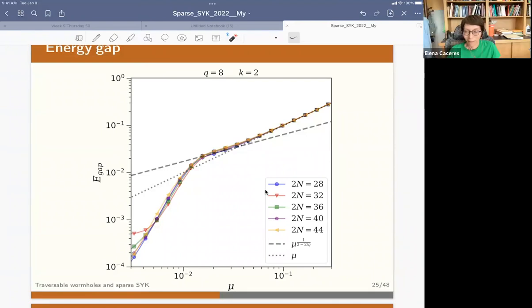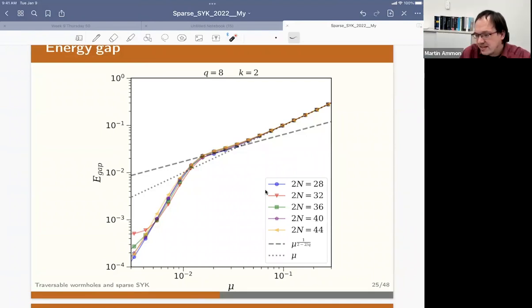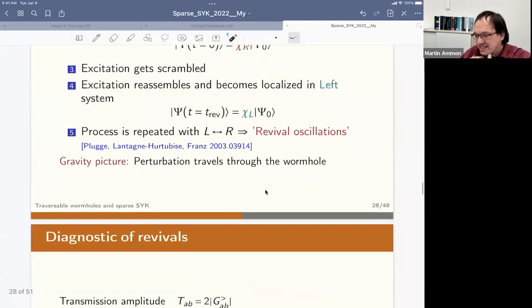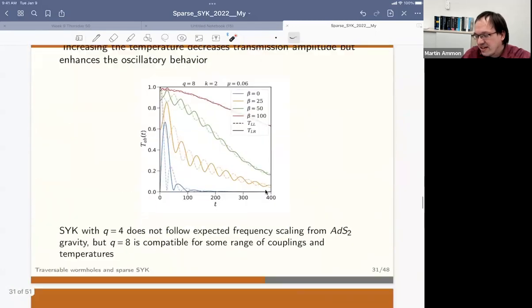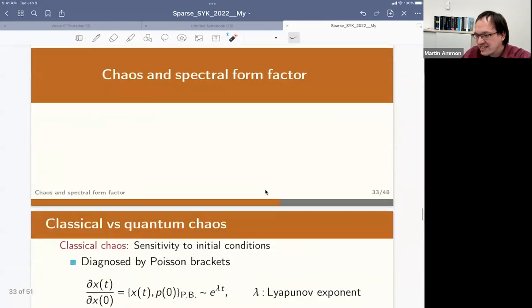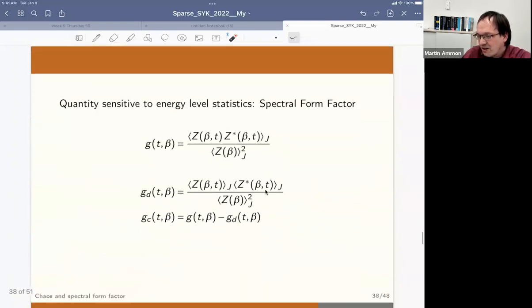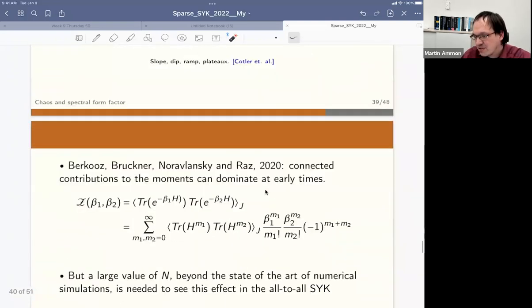You showed the results for the sparse SYK, but now my question is, if you push the sparse SYK to the all-to-all SYK models, whether the dominance really is gone or not. Can you do a scaling analysis in your K to say something about whether you still have this dominance of the connected diagrams or not?